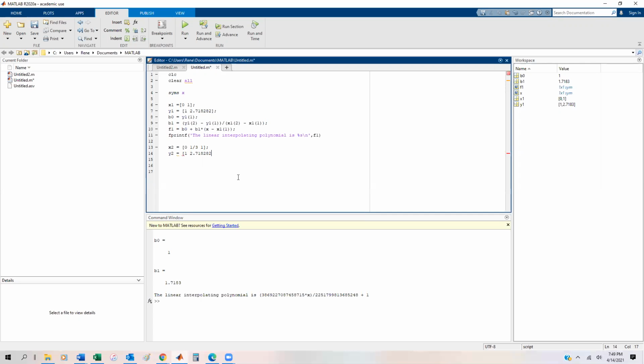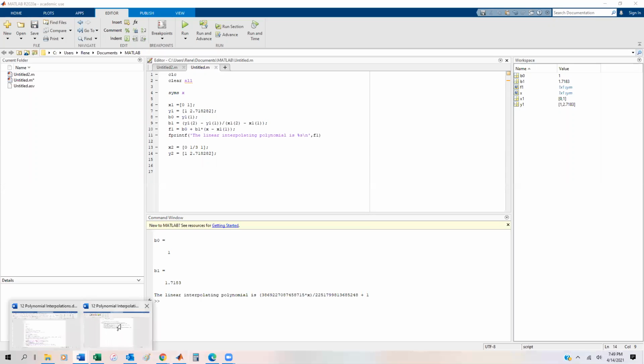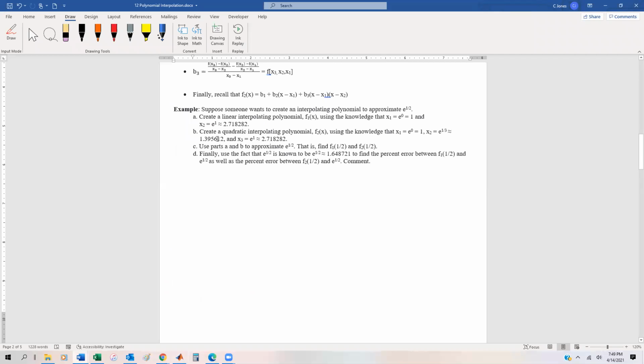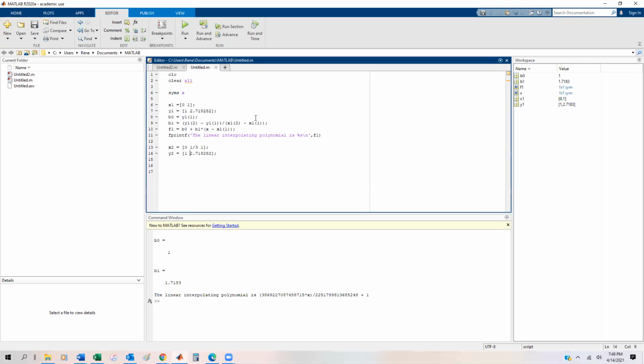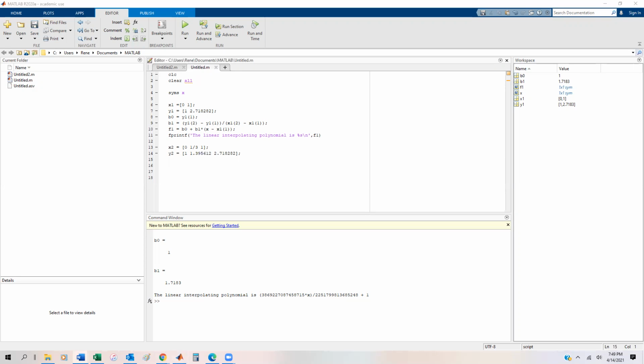And somebody off the top of their head knew that e to the 1/3 power was this number, 1.395612. I'm sure we all have that one memorized. Okay, so now we're going to use the exact same formulas to be able to compute what B0 and B1 are.